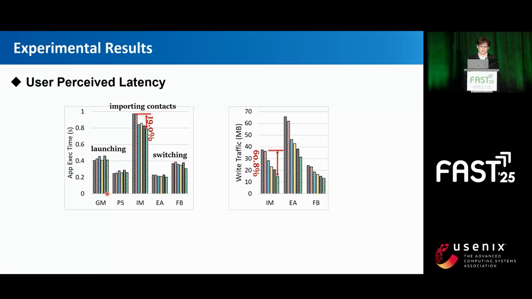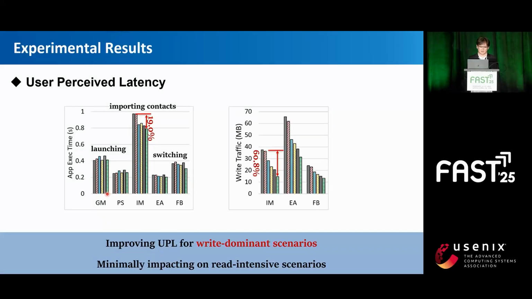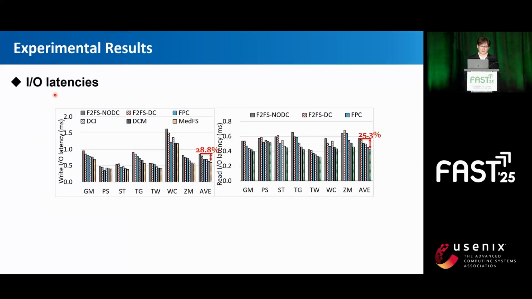This is user-perceived latency. Let me speed up a little bit. It improves the execution time for write-intensive scenarios. This is I/O latency. We reduce the write I/O latency by about 30%.